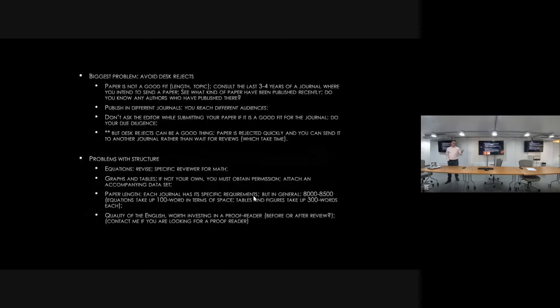Each table, each graph, each figure is 500 words, or 400, 450. If you send me a paper with 8,000 words and 10 graphs, you're up to 12,000 words. For most journals, that's a problem, because most journals publish about 65,000 words per issue.